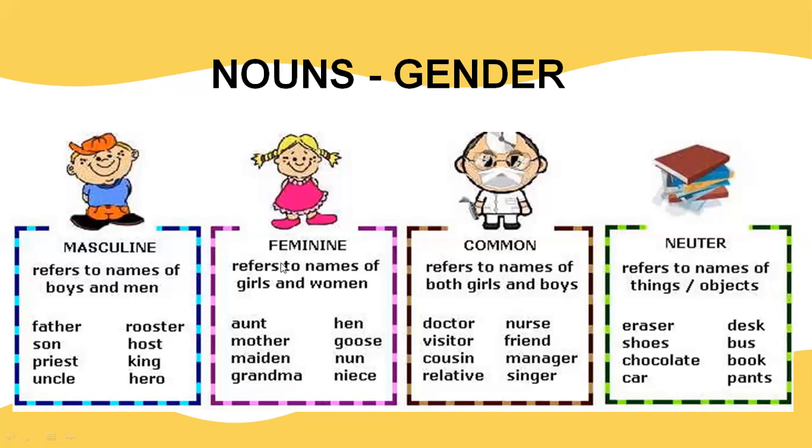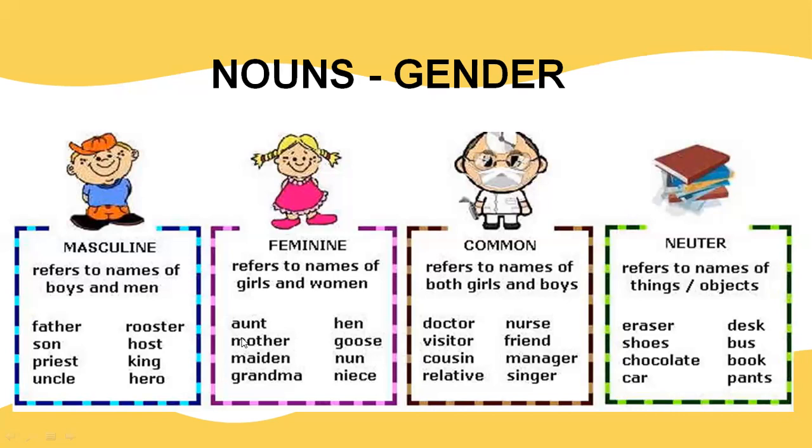Now let's move on to feminine gender. Feminine means the words which refer to a girl or a woman. For example, aunt. We can't call a boy an aunt, isn't it?